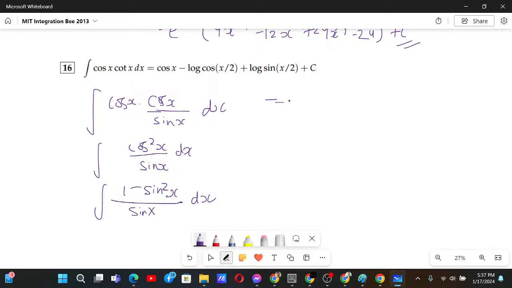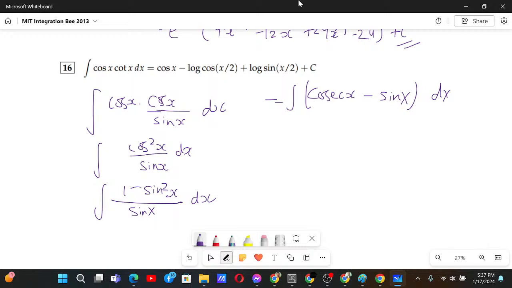Then it will be integral of cosec x minus, is that sin x? If it is sin x, then that will be really easy. But I don't really think it is that easy.